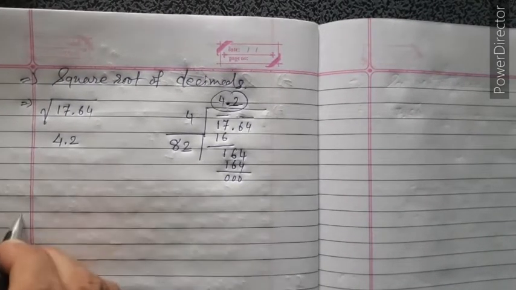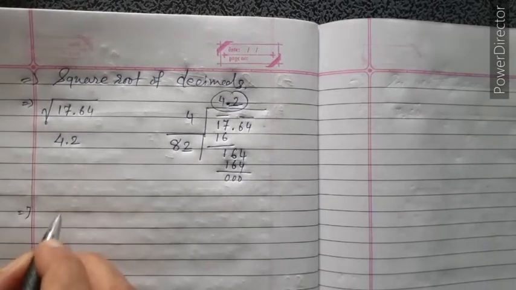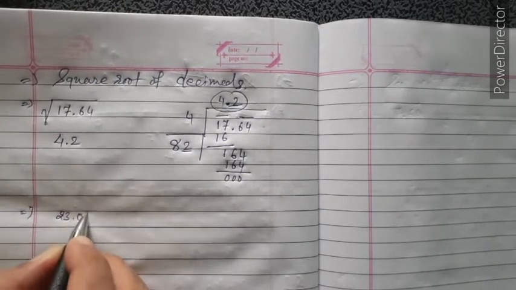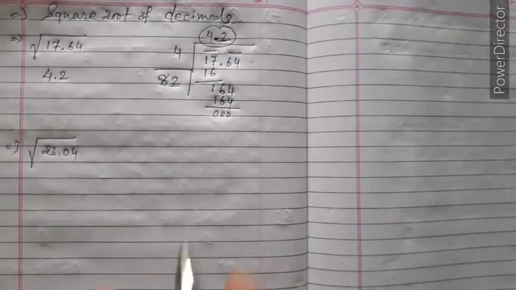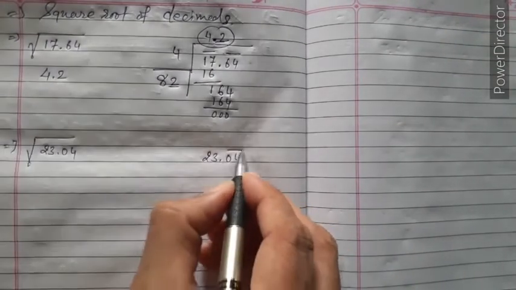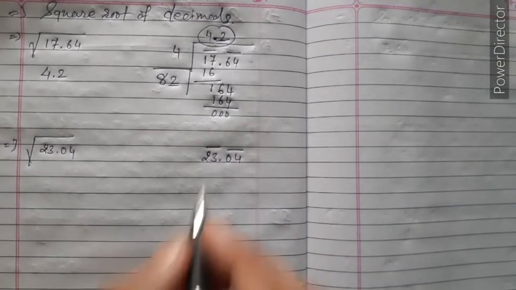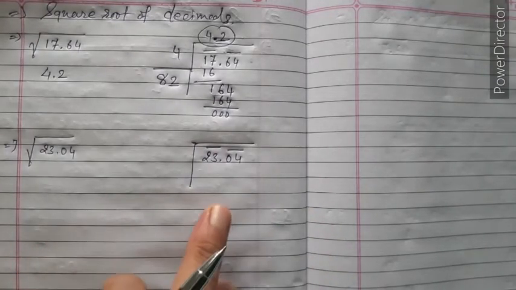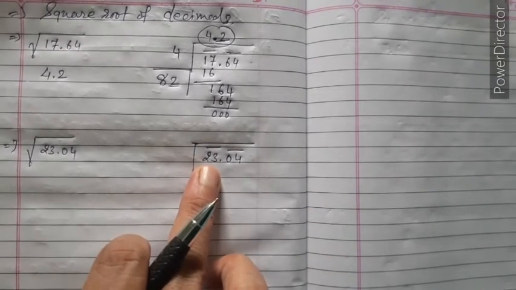Okay, one more example. Look, suppose 23.04, and you want to find out square root of that number. So what to do? 23.04, make pairs here and write down bar on those pairs. Same here, start with the leftmost bar, that is 23.